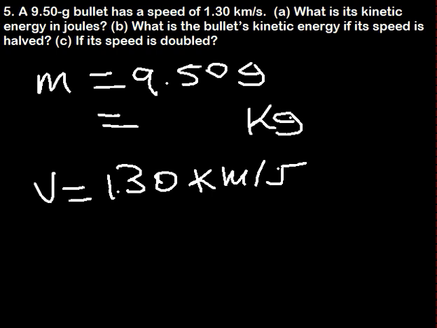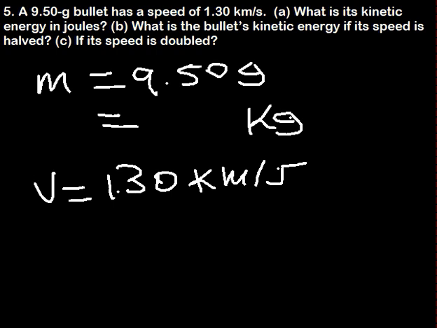Now, the speed has been given in kilometers per second, and it has to be in meters per second. Then we'll convert 1.3 kilometers to meters by multiplying by 1000, and we'll have the velocity in meters per second.